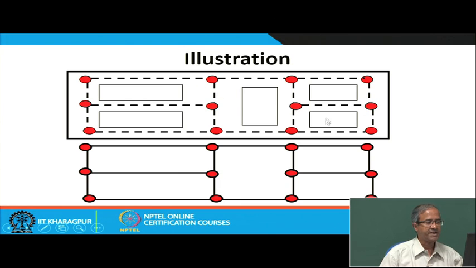There are 5 blocks placed in a rectangular region. So, as I showed in that example earlier, these are all examples of channels, these are all channels, this is a channel, this is a channel, and so on. And these red dots indicate the intersection between the channels, right.